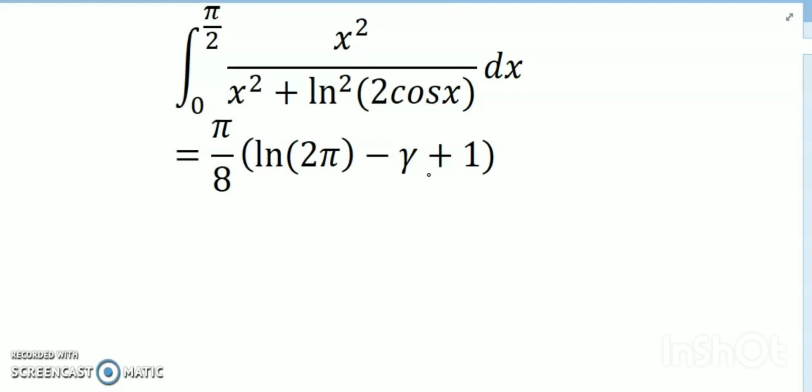So friends, we should know, this is the first method. First method.